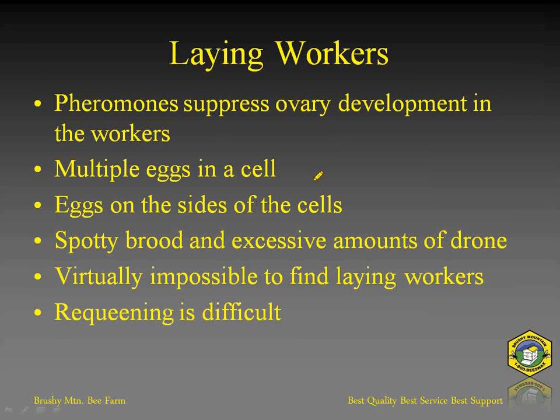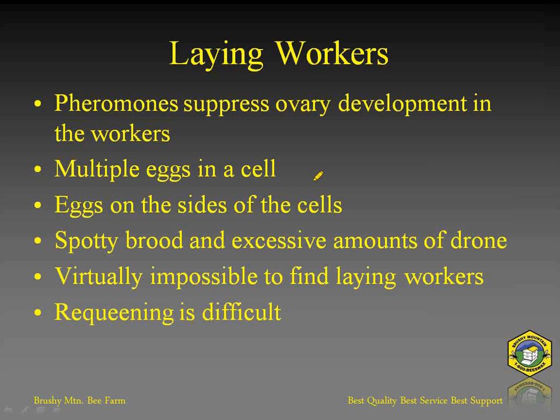And requeening is very, very difficult as well because they see a laying worker as a queen. They think of her as a queen, and sometimes there may be more than one laying worker. So if you install a new queen, they may very likely bump her off and say, no, no, we've got a queen, even though that queen, quote unquote queen, is a laying worker.